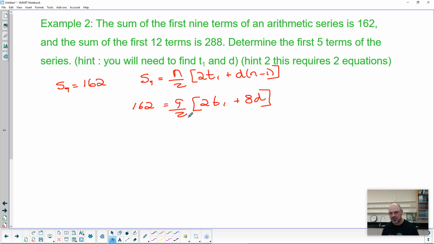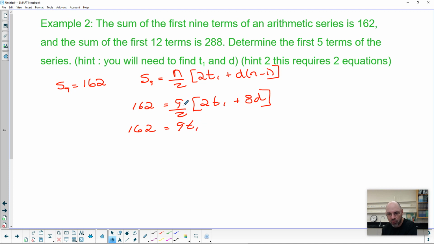Okay, and we want to simplify this a little bit out here by multiplying it out. So 9 over 2, you can do that as a decimal if you like and multiply it out. So this is going to end up being 162. 9 times 2 is 18 t1 over 2, which is 9 t1s.